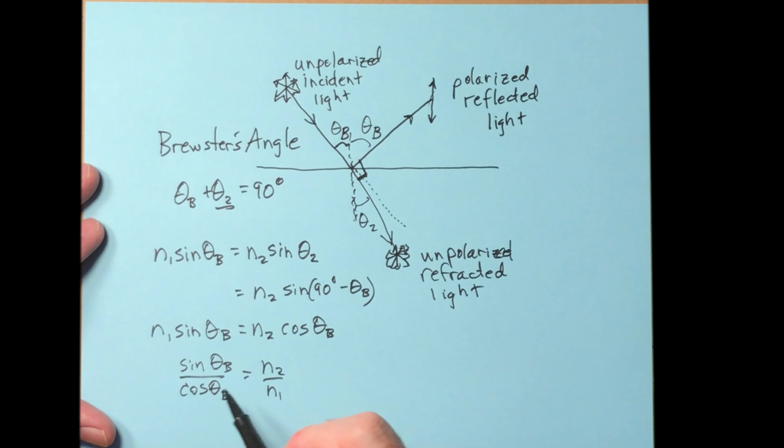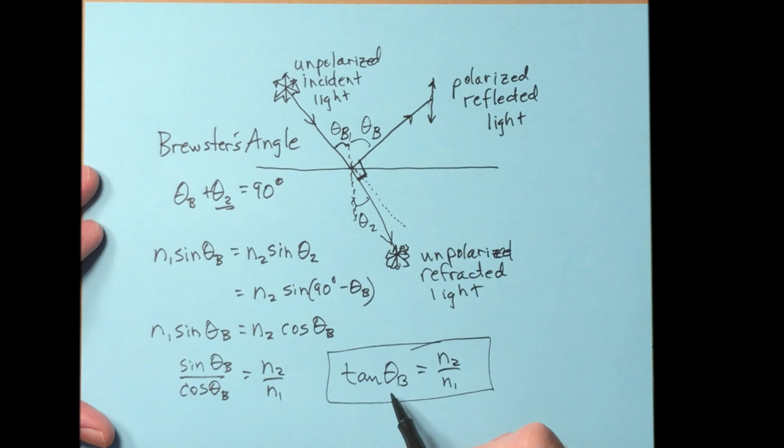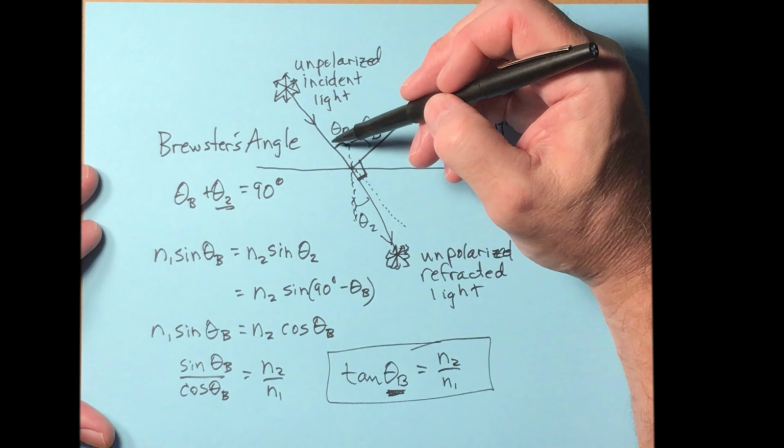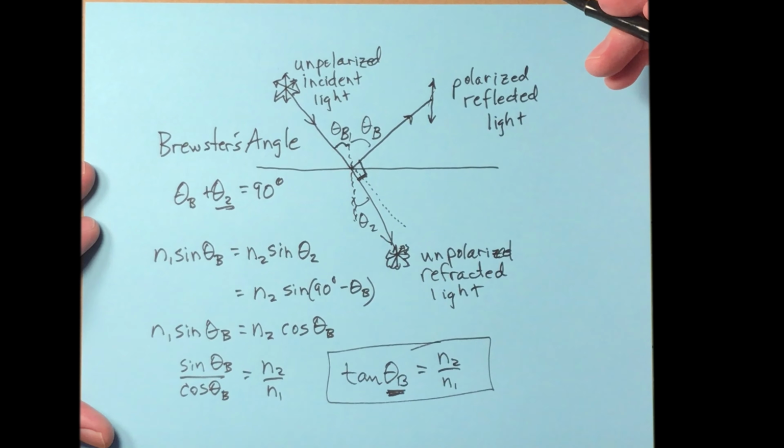And what is sine over cosine? Well, that's tangent. So tangent of theta b is equal to N2 over N1. This gives you an equation then for the angle for maximum polarization. When you reach theta b, then all of the reflected light is polarized.